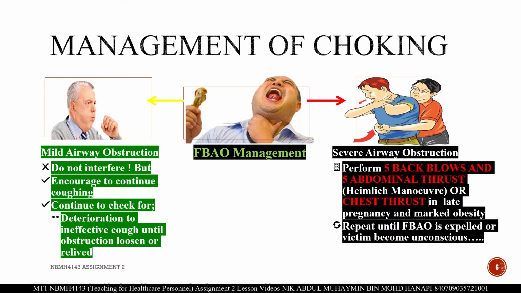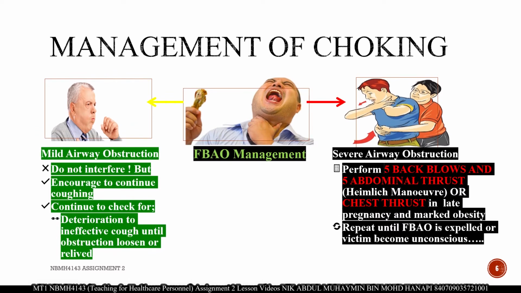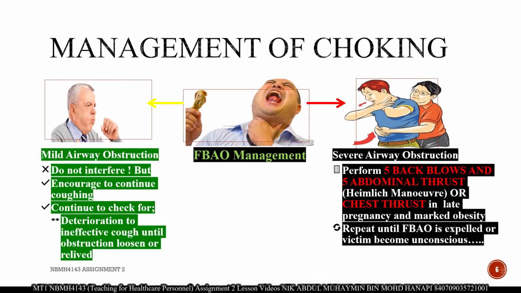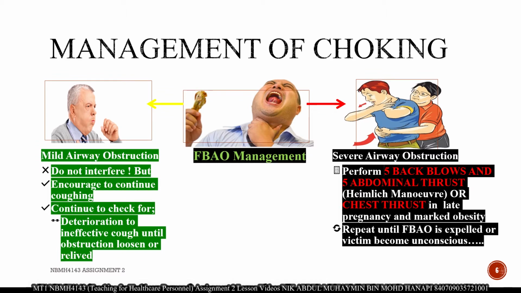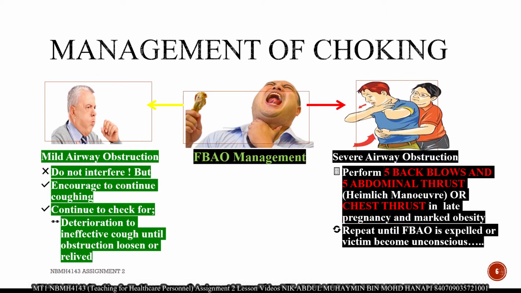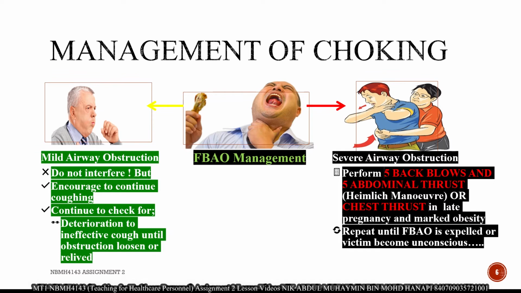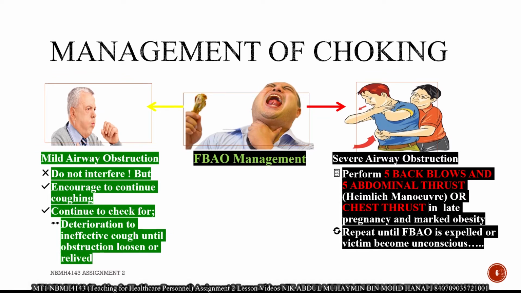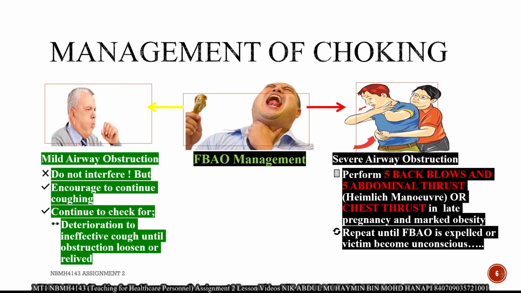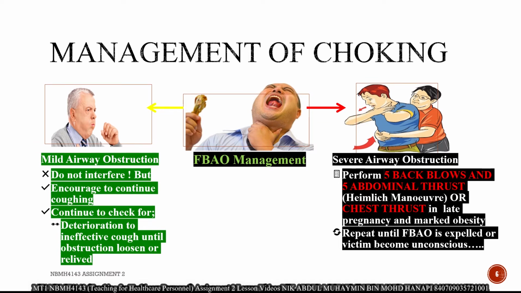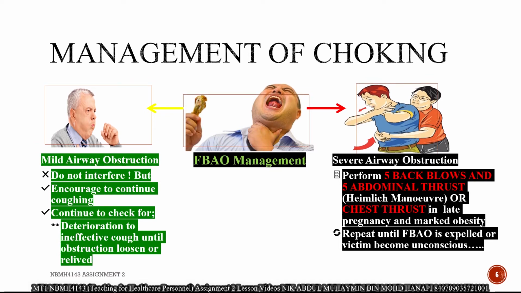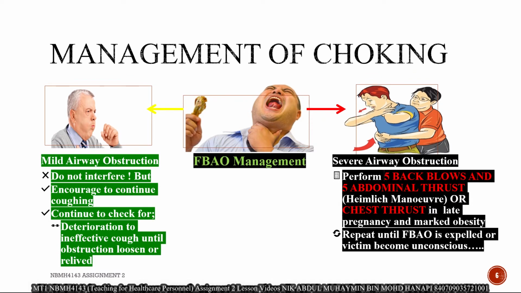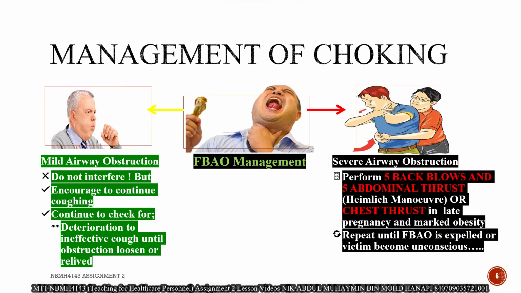Next, for the severely airway-obstructed choking victim, you may straight away perform 5 back blows and 5 abdominal thrusts, or Heimlich maneuver, to the victim, after asking for the victim's permission and telling them a bit about what you are going to perform.